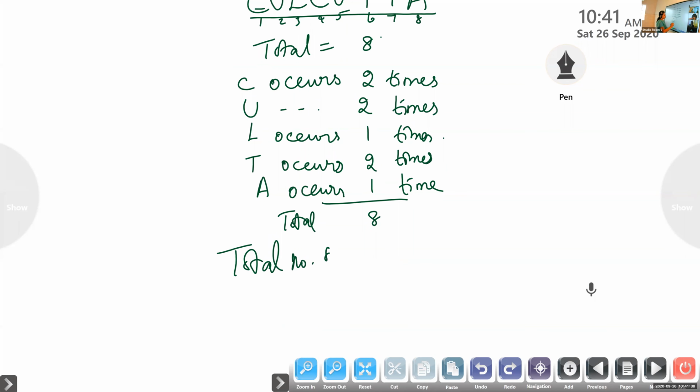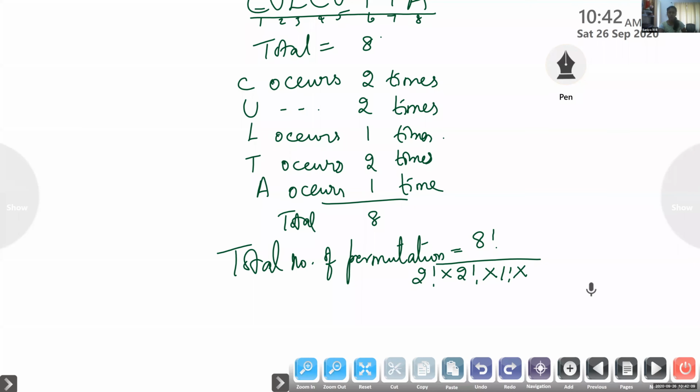Total number of permutations is 8 factorial by 2 factorial into 2 factorial into 1 factorial into 2 factorial into 1 factorial. Simplify this, you will get the answer.